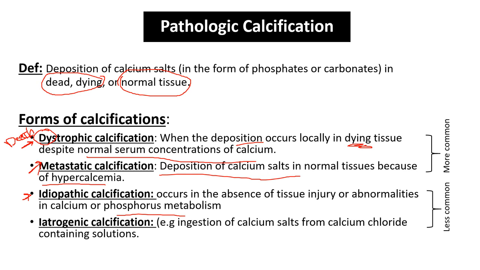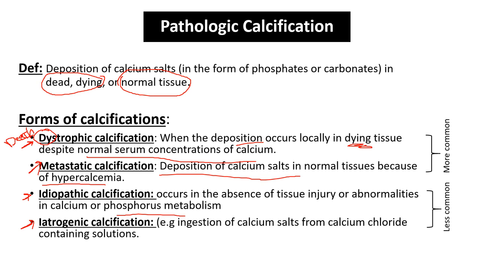Iatrogenic calcification, the fourth one, is calcification that happens due to an error, like giving an oral solution that has calcium to the animal.